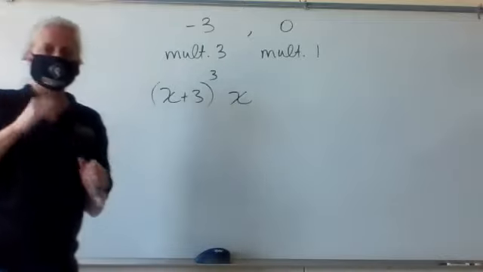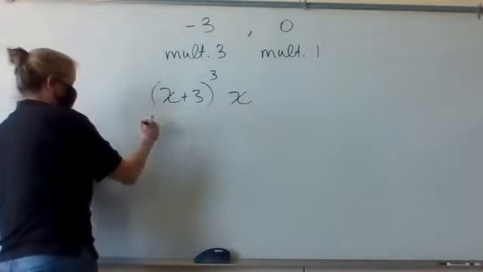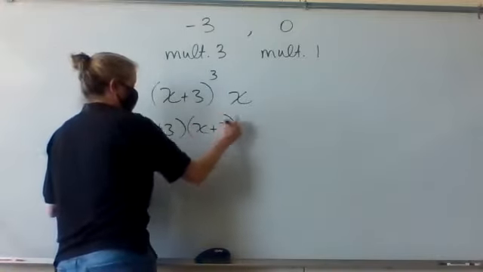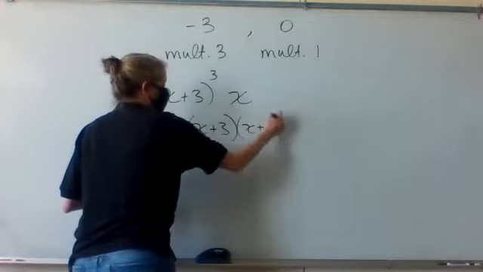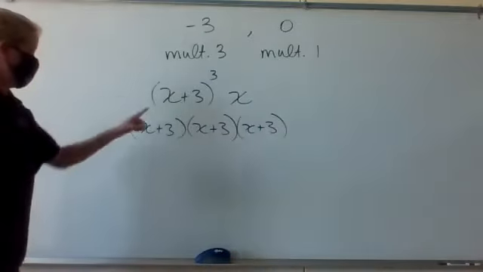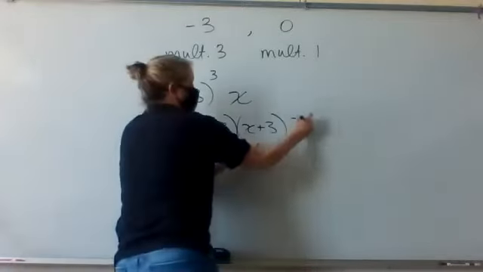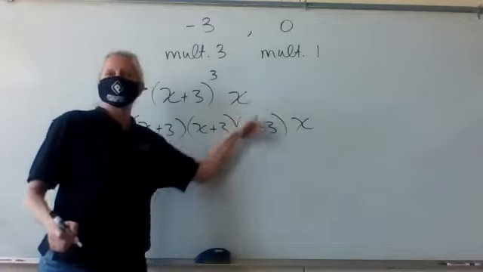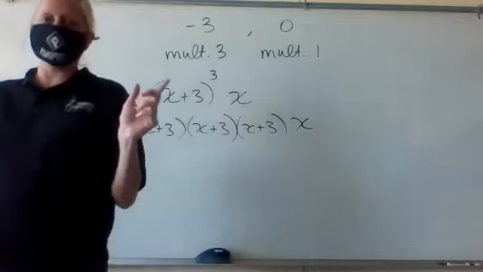So let's do the x plus 3, x plus 3, x plus 3 first. That's what that looks like, and then there's just going to be an x at the end. Once I multiply these 3 things together, I'll just distribute the x to that answer.